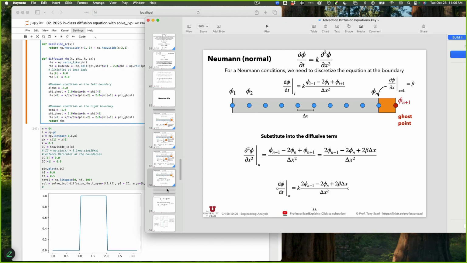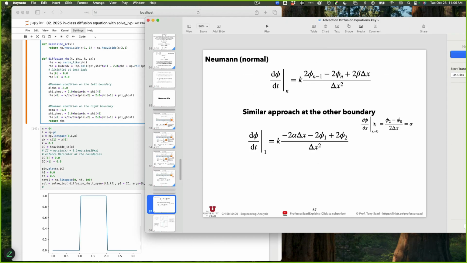Now, when we do this on the left boundary, then my phi 0 is my ghost point, as shown here in the slide. Okay, so now phi 0 is going to be minus 2 alpha delta x plus phi 2. So if you invert this equation, minus 2 alpha delta x plus phi 2, right?